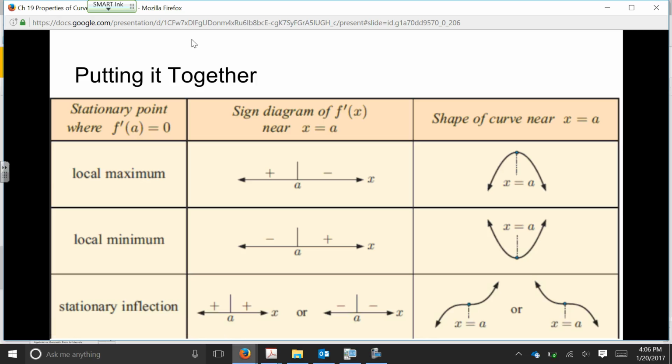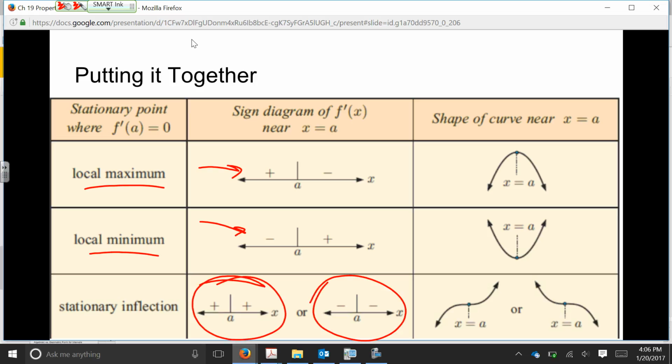This chart summarizes everything for you. If you go from positive to negative, you're going to have a local maximum. If your derivative function goes from negative to positive, you have a local minimum. If it was positive and it stays positive, stationary inflection. If it was negative and stays negative, also stationary inflection.